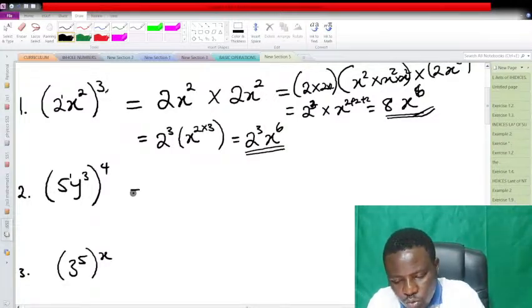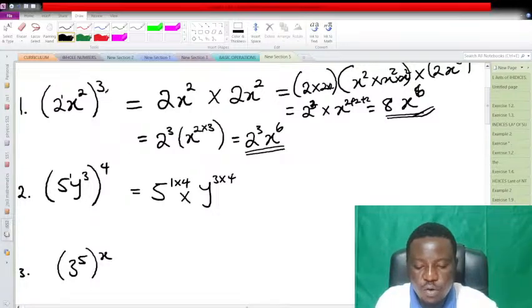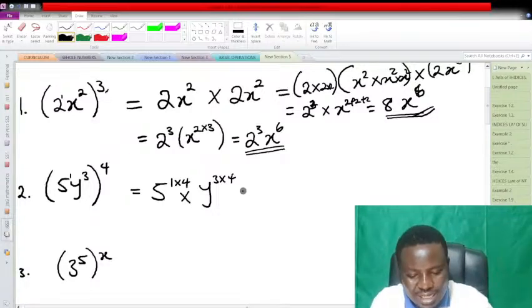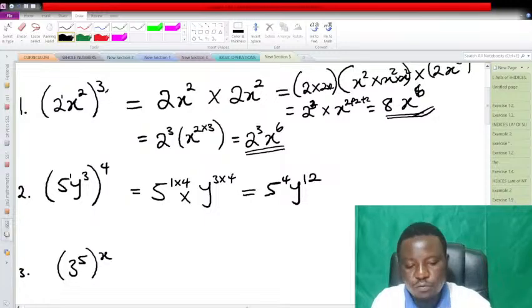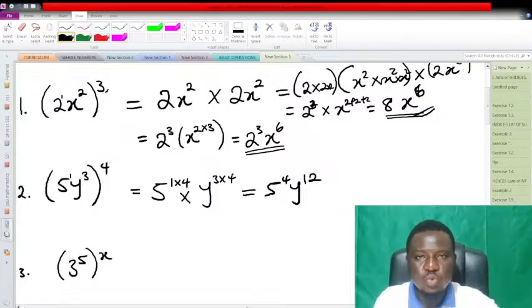So this is equal to 5 raised to the power of 1 times 4, times y raised to the power of 3 times 4. So this becomes 5 raised to the power of 4, y raised to the power of 12. So this is what you will get.